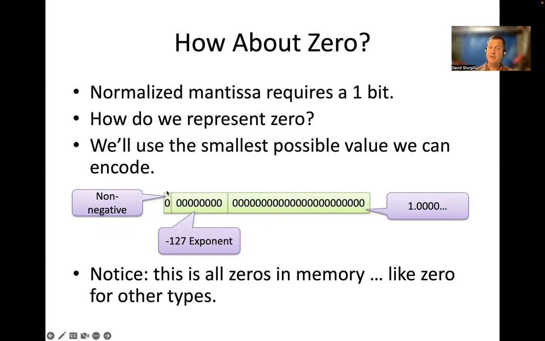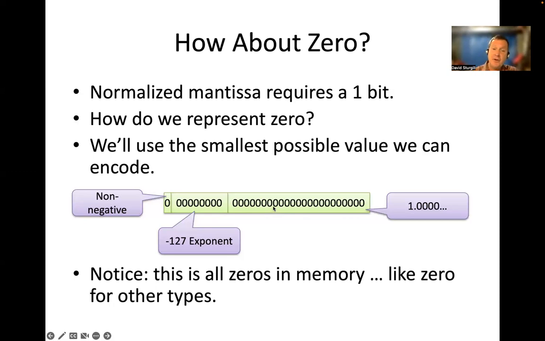We could use a 0 for the sign. Smallest exponent we have would be -127, and when we add 127 to that, that would give us 0. So we would store all zeros in the exponent slot, and the smallest mantissa we could have would be all zeros to the right of the point. So that's what we'll store.